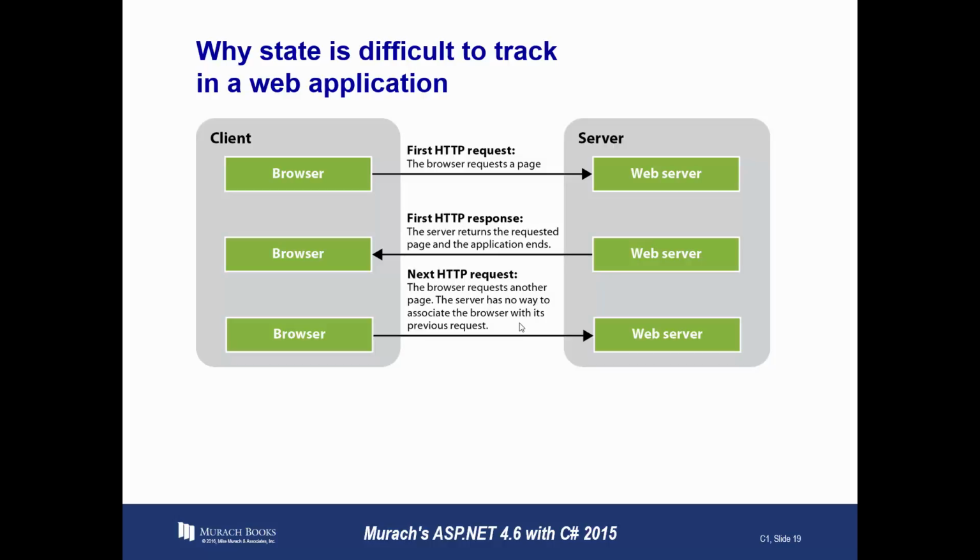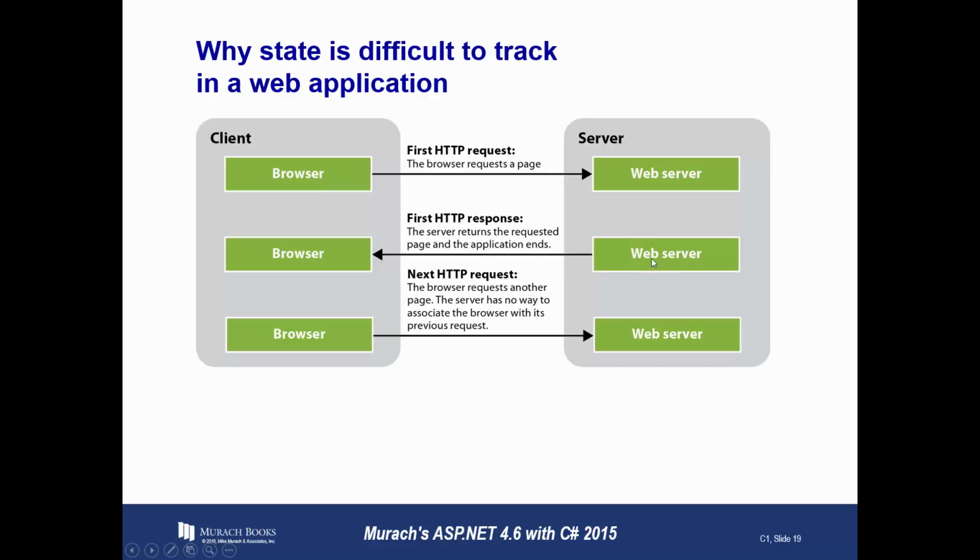So you're sitting there as it's shown in the picture here, and this is page 19 in the book. You're the client. You make an HTTP, or hypertext transfer protocol, request. This is you going in and in your address bar typing in the URL for some website. All right.